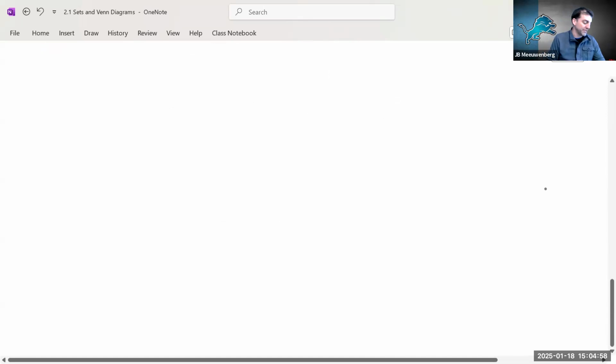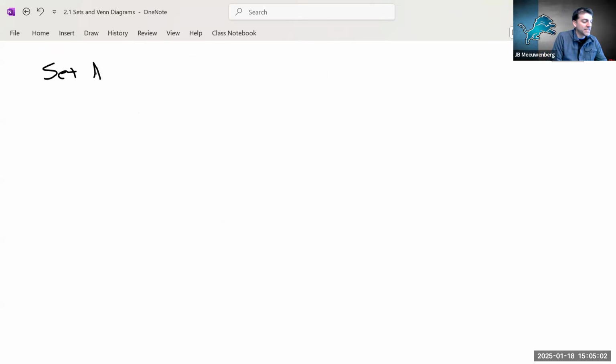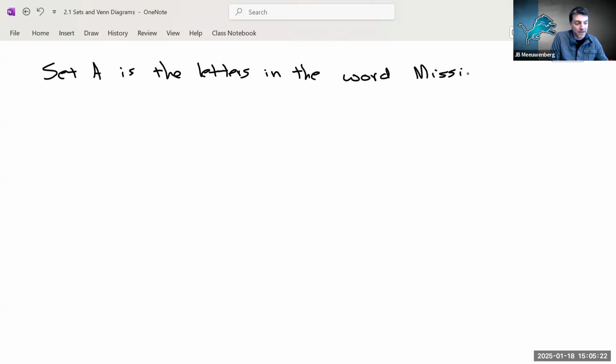So let me give you a couple of examples of these. I'm going to say set A. So we're going to name this set set A. The capital letter will be the name of the set. Set A, if I describe it in words, is the letters in the word Mississippi. So set A is the letters in the word Mississippi.